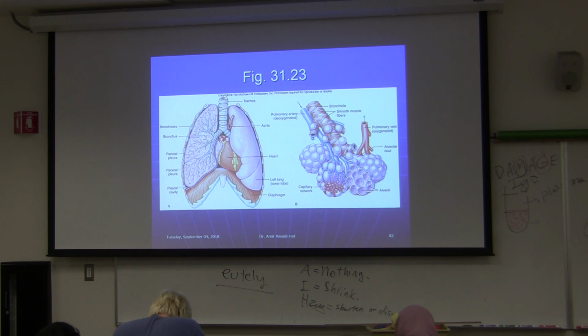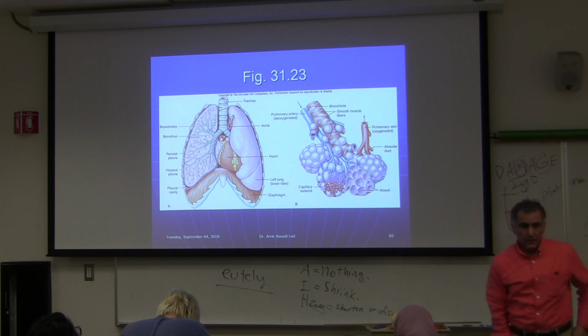Pulmonary circulation. Okay, so systemic circulation is the circulation between heart and the rest of the body, and then this one, pulmonary circulation, is between heart and lungs. I should have a picture coming up. I don't know what happened to it. Okay, so that's another thing.